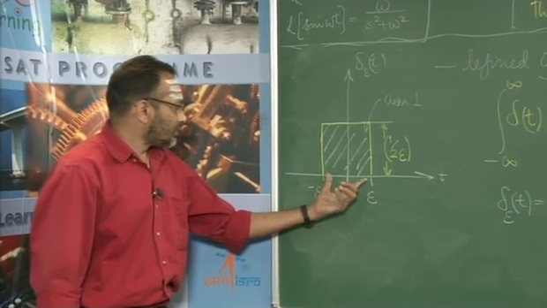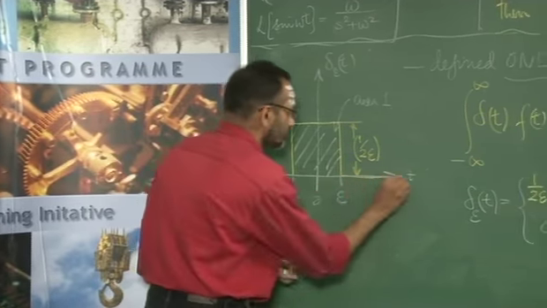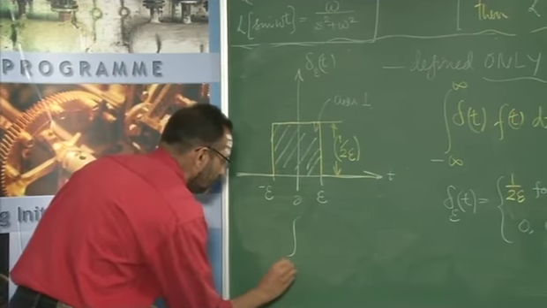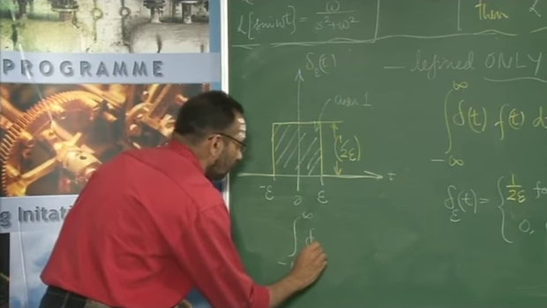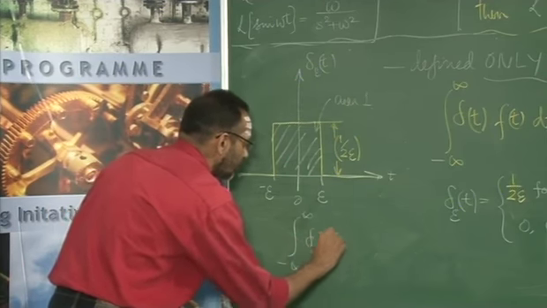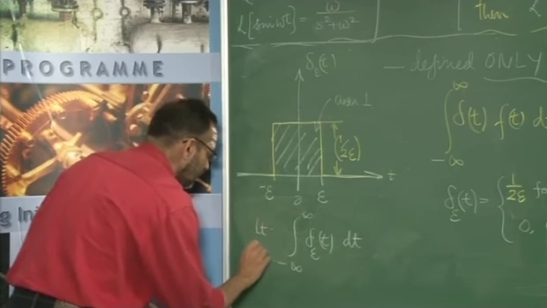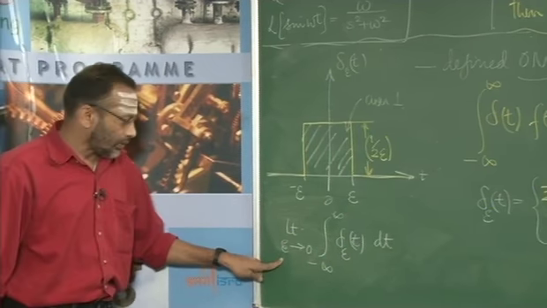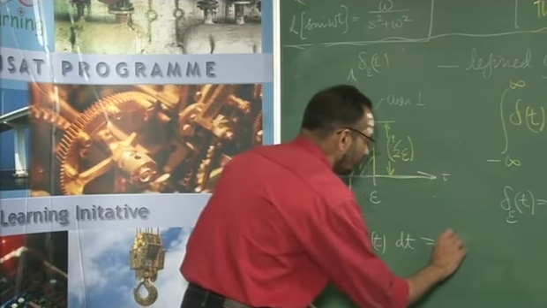Therefore, even this, when you integrate from minus infinity to infinity, because outside this it is 0, you will see that if you integrate delta epsilon of t dt from minus infinity to infinity, and take the limit as epsilon goes to 0, with the caution that I will not allow epsilon actually to become equal to 0, this becomes equal to 1.